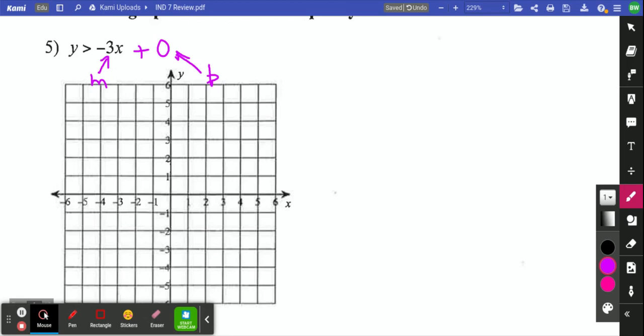So there's the point 0, and rise over run this time is negative 3 over 1 because the slope, we can always write it as a fraction, right? Negative 3 over 1.